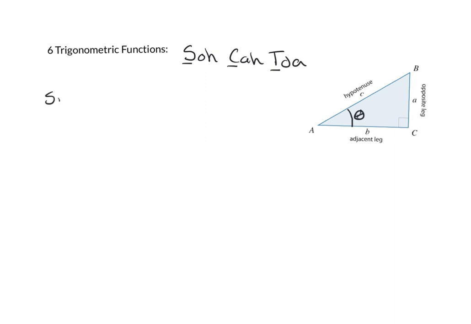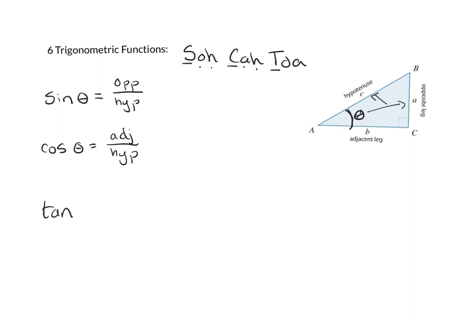We're going to start with sine of theta, where theta is your angle, which is equal to O over H, opposite over hypotenuse. Then cosine of theta, A over H, is equal to adjacent over hypotenuse. And tangent of theta, O over A, is equal to opposite over adjacent.